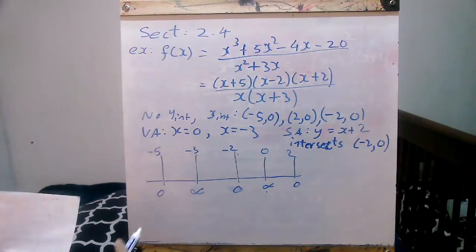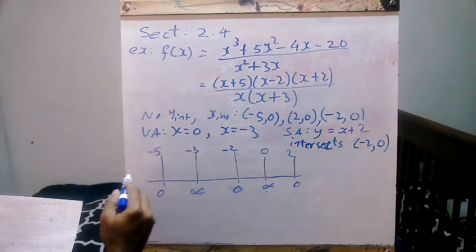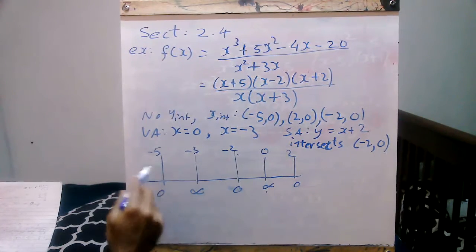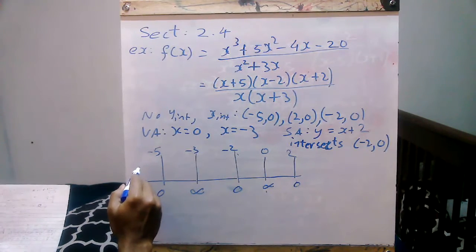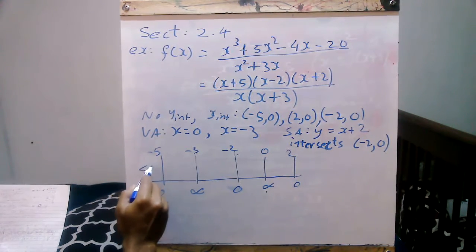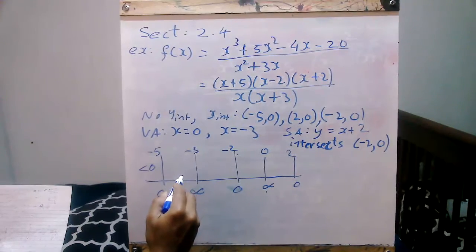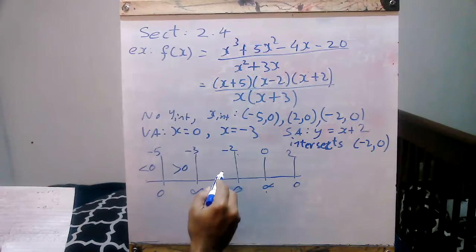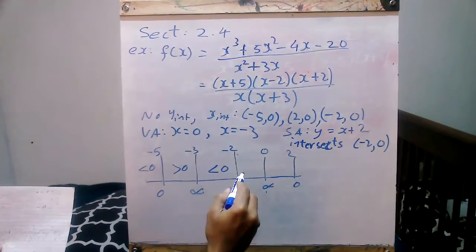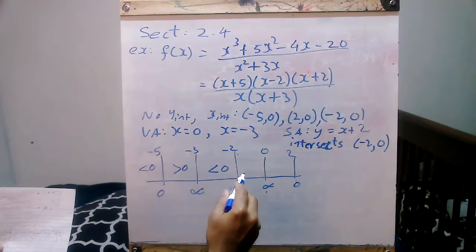I did the sign analysis. I wrote that for you, but substitute a number. You know how to do it now. In this region it is less than 0, greater than 0, less than 0. This is what I got.